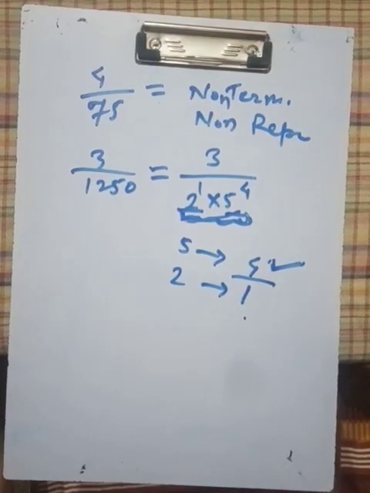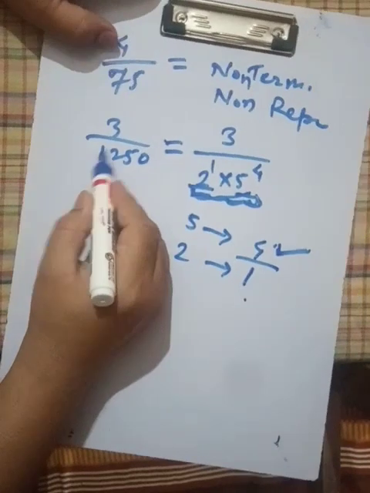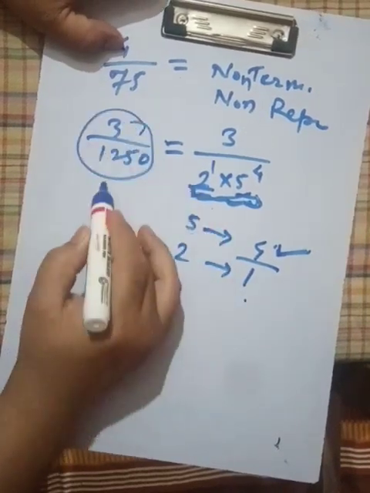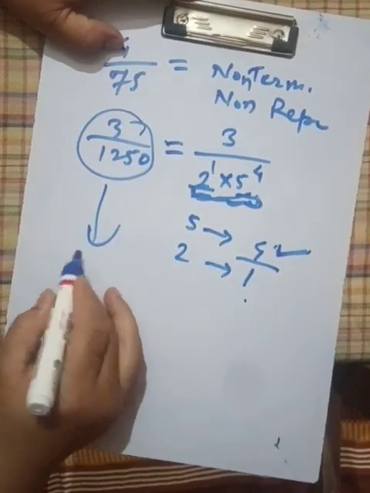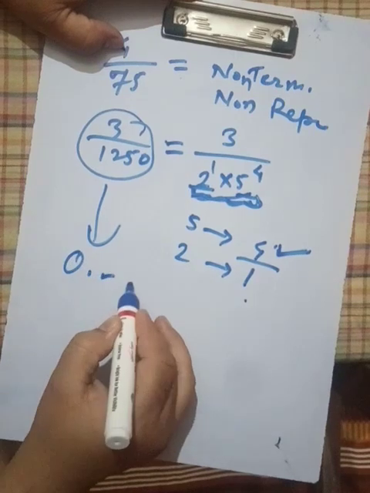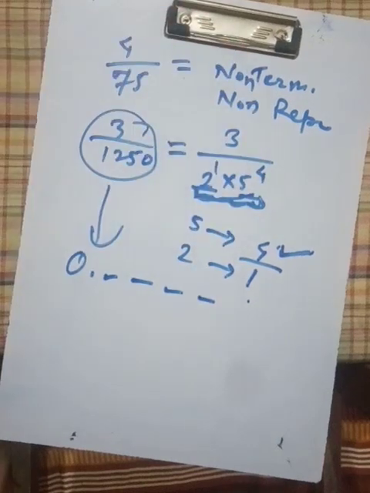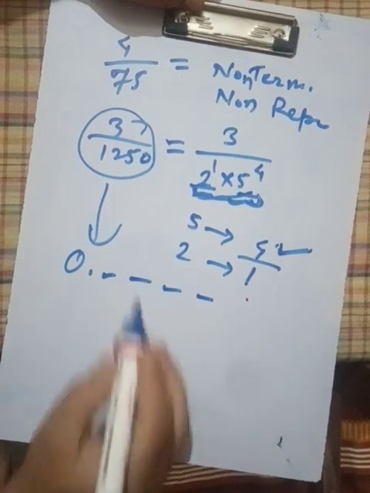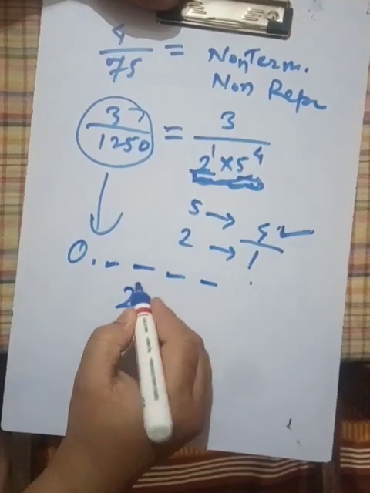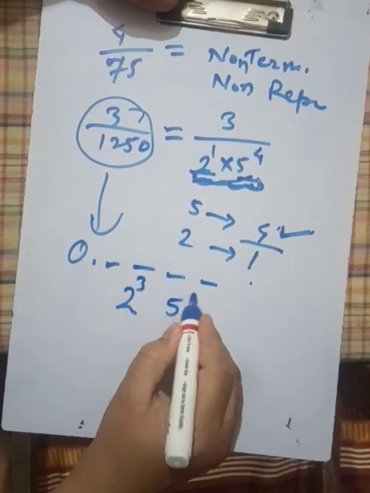Suppose you go for the final termination of this number. If you convert this, you will get digits after the decimal: number 1, number 2, number 3, number 4. So you have to go till 4 digits. Now suppose you get a denominator in which the power of 2 is 3 and the power of 5 is 1.